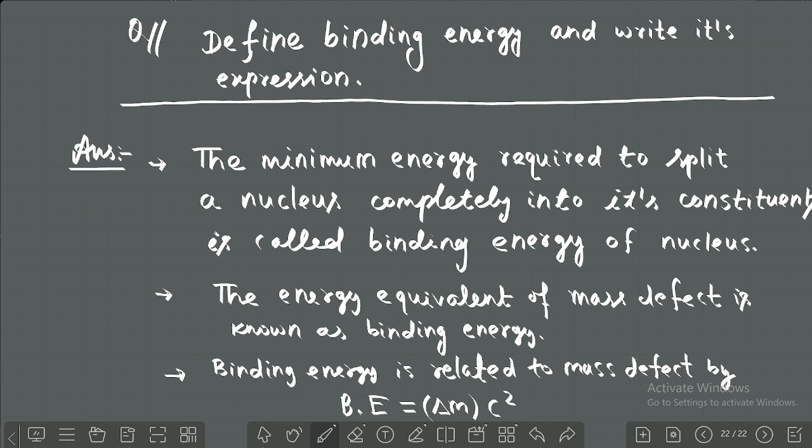Now here I can write binding energy as E_B, and delta M you already know from the mass defect formula, so you can substitute that. Now the binding energy expression will be like this. What is delta M?